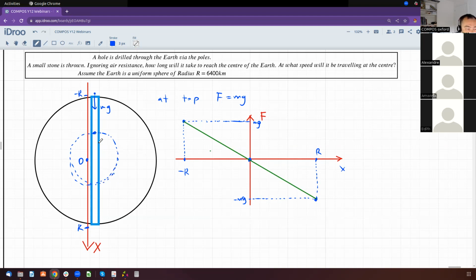But then there's a special law called Gauss's law. It turns out that you're only being affected by the gravity of the inner part of the earth. This part of the earth pulls you down, but this part of the earth pulls you up, and it turns out that they compensate.